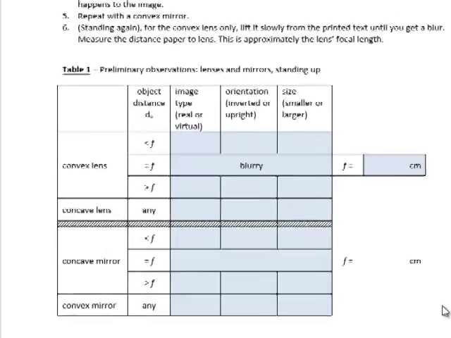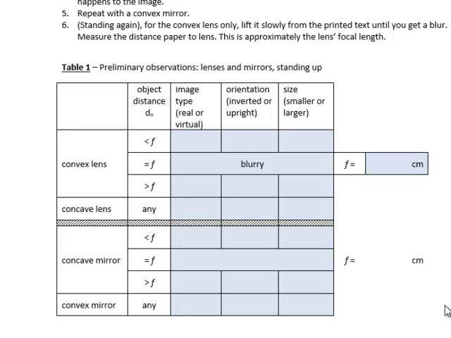Now, what's in the way is actually your eye itself. It is an optical instrument with a convex lens in it, so there's a second lens there, which in this case we're not accounting for.